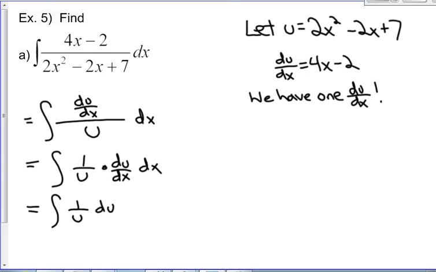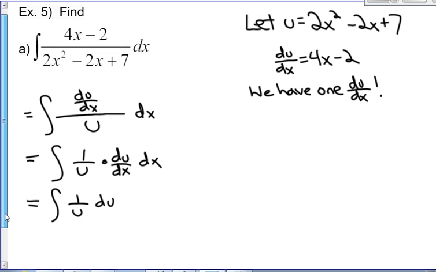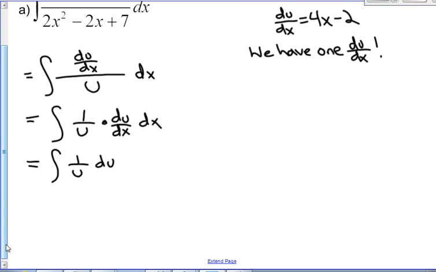And the whole u business tells us that we integrate with respect to u, and that we're working in u's here. So now, this is an easy thing for us to integrate. 1 over u, well, 1 over x would turn into ln absolute value of x. Guess what? 1 over u turns into the ln of the absolute value of u, plus c.